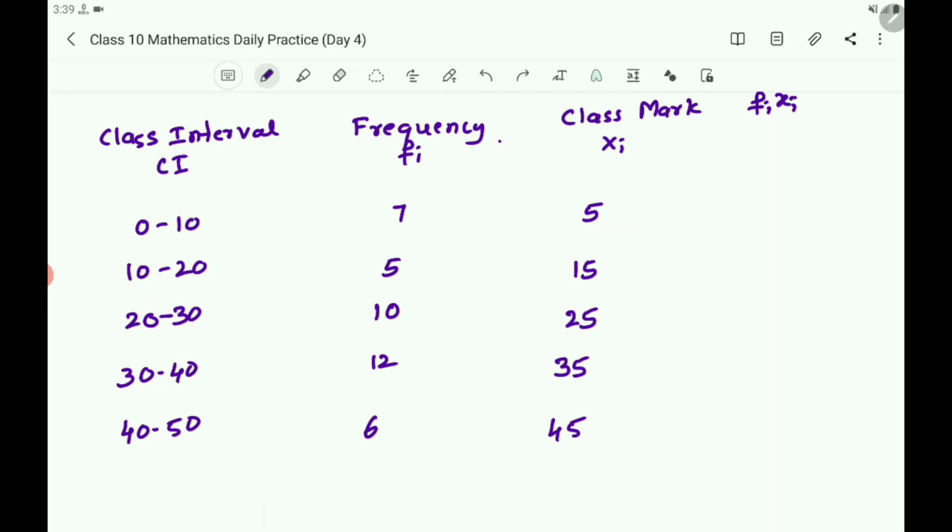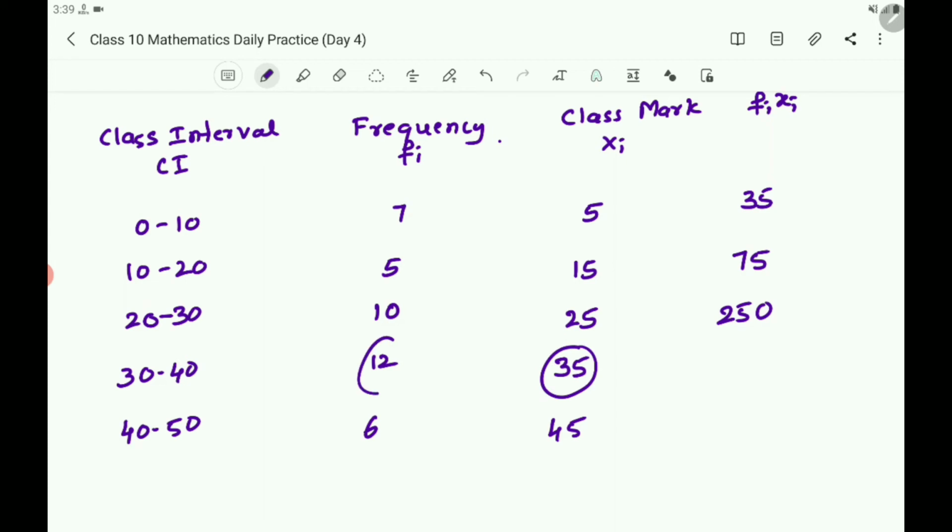So you take the product 7 into 5. 7 into 5 is 35. Next 5 into 15. 15 5s are 75. Then 10 into 25. 10 into 25 is 250.